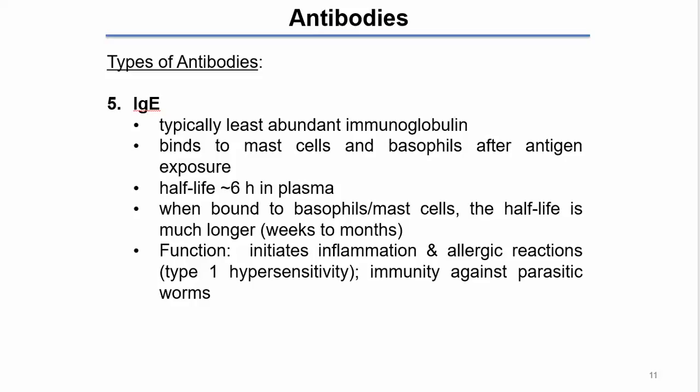So, what IgEs do is, when the B lymphocyte that makes them gets exposed to the pathogen or to the non-self protein, the antigen, as it were, they get produced and released. Now, in circulation, they don't last very long. They last only about 6 hours, and that's why they're the least abundant.